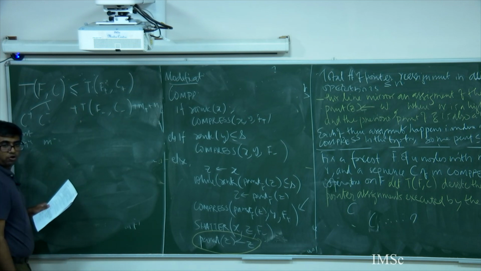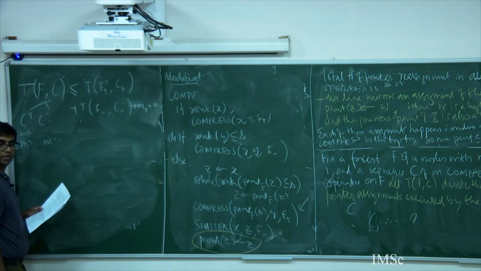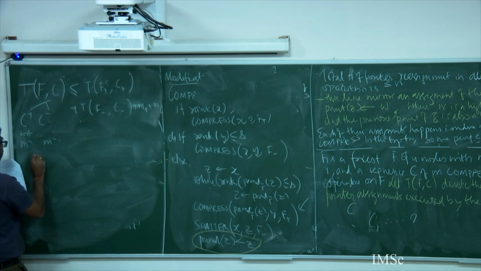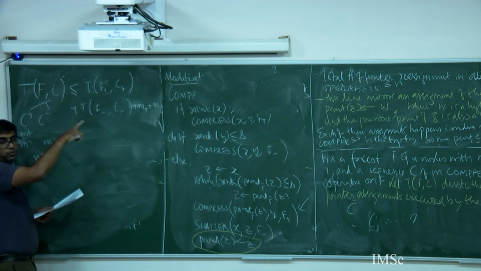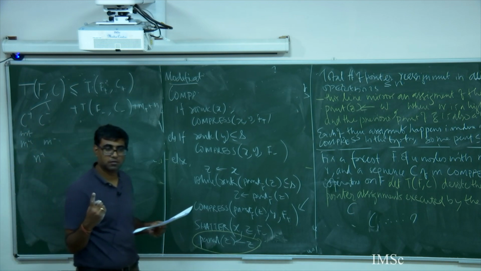What was the property of the top guy? How many nodes are there in the top part? I want to get an upper bound on n plus. That's easy, right? Look, what are the top nodes? All have high rank.